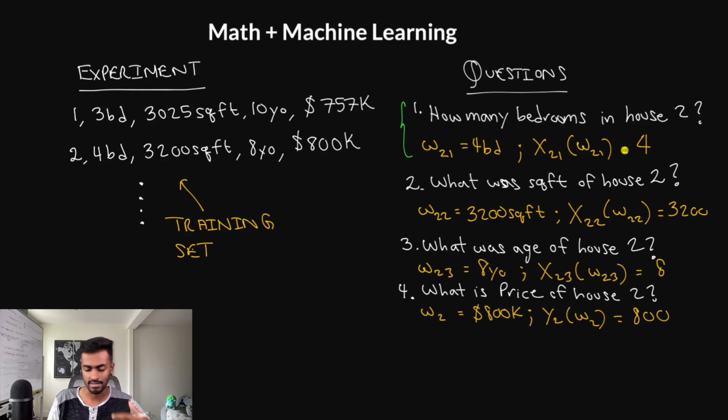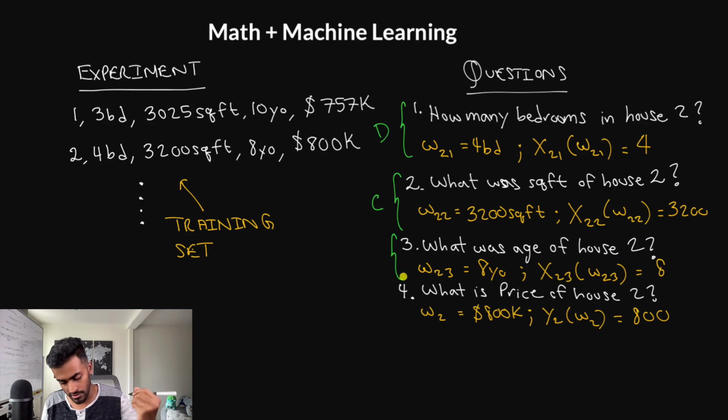And because this is a count, this is going to be a discrete random variable. Similarly, x22 over here, this is the square footage. Square footage is a measurement. And because it's a measurement, this is going to be a continuous random variable. We can have square footage that also has decimal points.